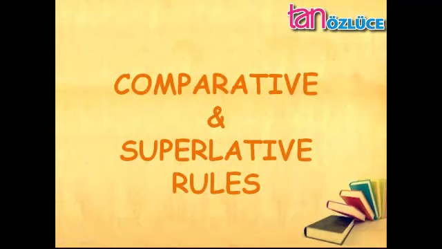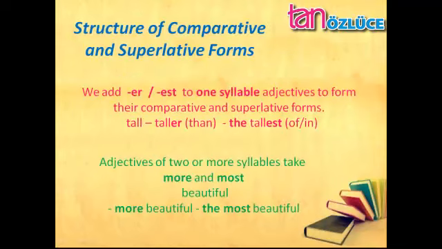Now, let's look at how we form comparative and superlative structures. And we will study comparative and superlative rules, okay? They can be a little bit boring. To make the comparative form of adjectives, and to make the superlative form of adjectives, first, we need to know how many syllables are in the adjectives.